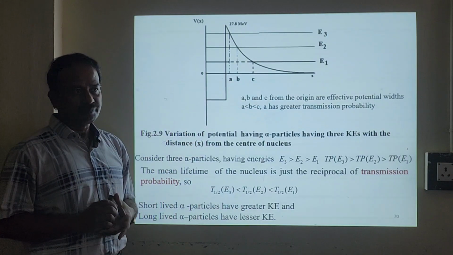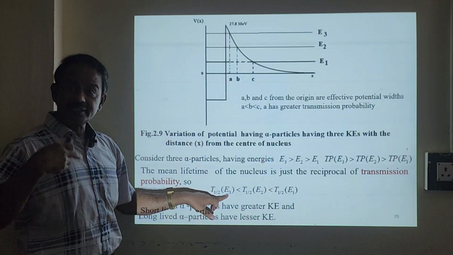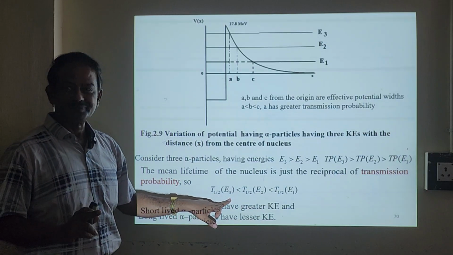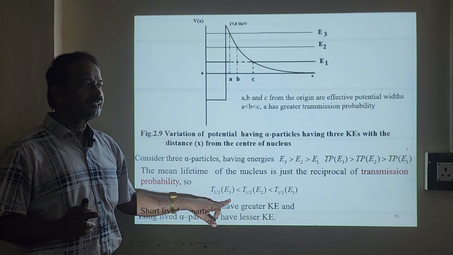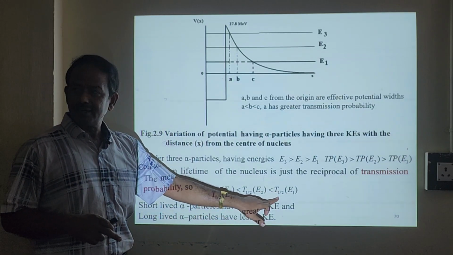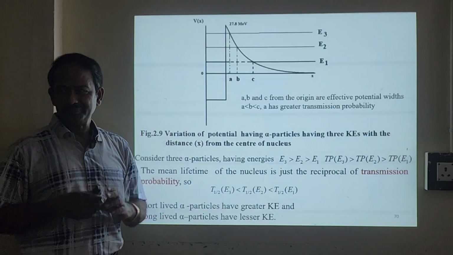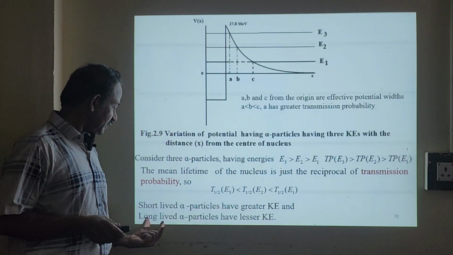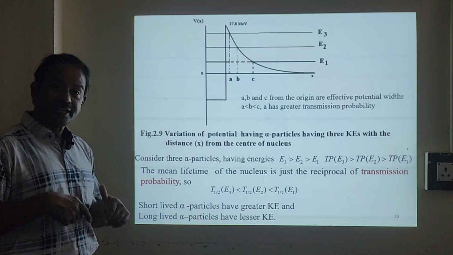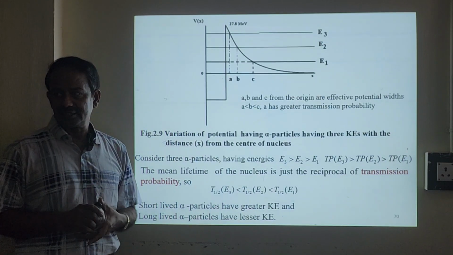That means the half-life of E3, with higher energy, will be very less, while the half-life of the E1 particle, having very less energy, will be greater. It implies that short-lived alpha particles have greater kinetic energy and long-lived alpha particles have lesser kinetic energy.